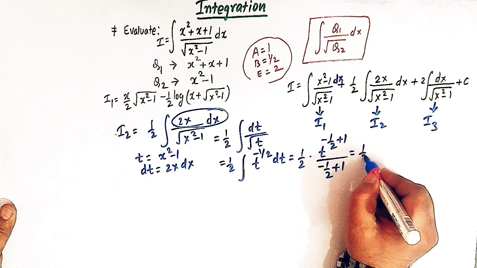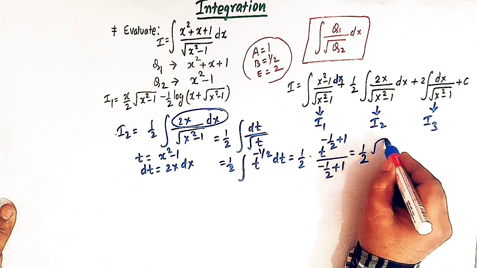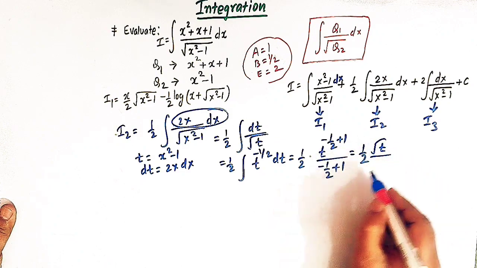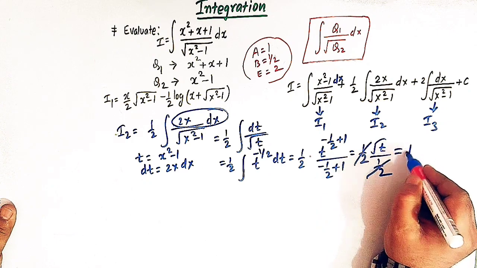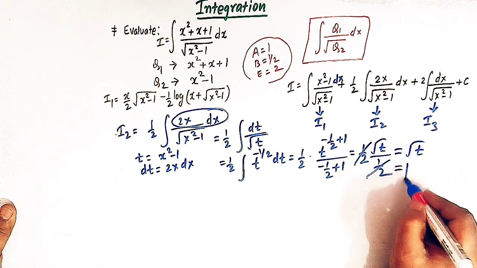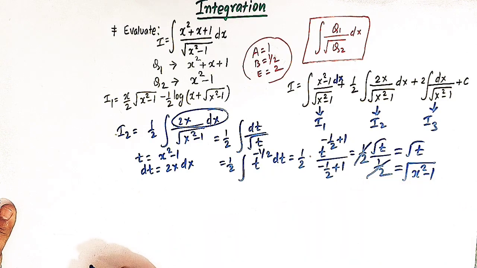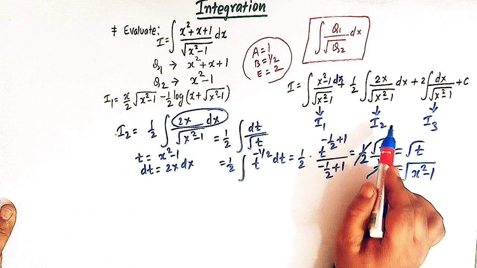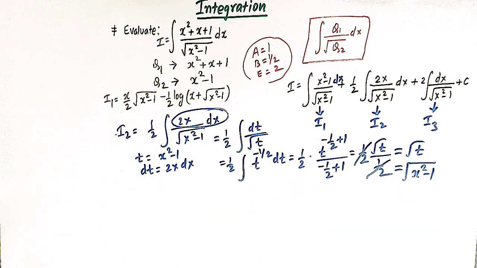So this is half, and 1 minus half is half, so this is square root of t. And here we have half, so half and half get cancelled, so we are left with square root of t, that is square root of x square minus 1, right? So the value of this integral I2 is given by square root of x square minus 1.